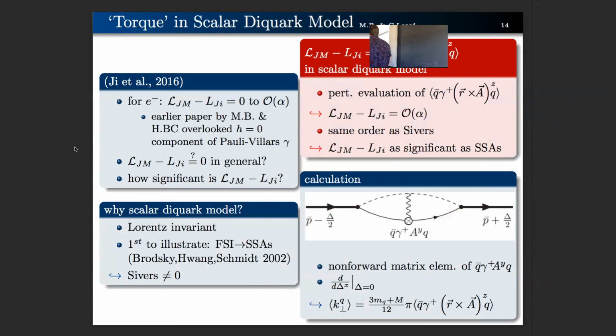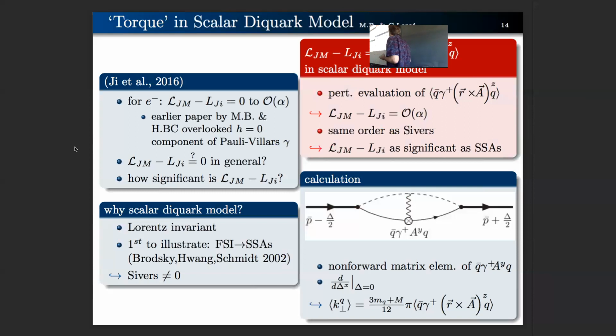It's Lorentz invariant. It's comparatively easy. I mean, it's still a 2-loop calculation, so no 2-loop calculation is easy, but relatively speaking, it's easy. And also, that was the exact same model where it was first demonstrated that there's a Sivers effect, in this seminal paper by Brodsky and collaborators.